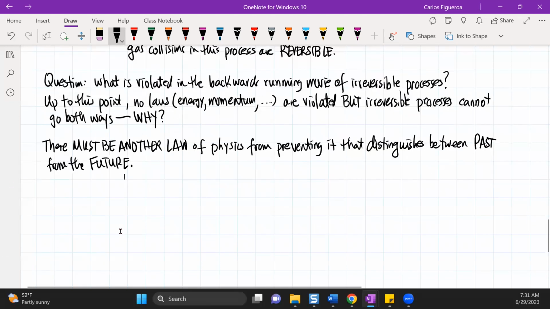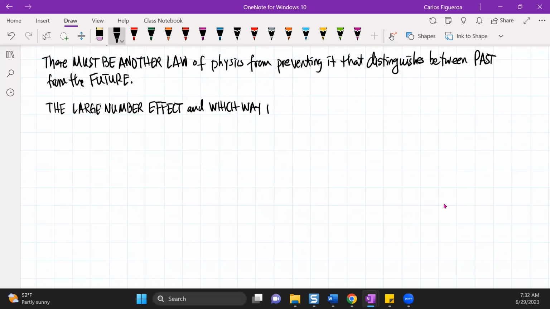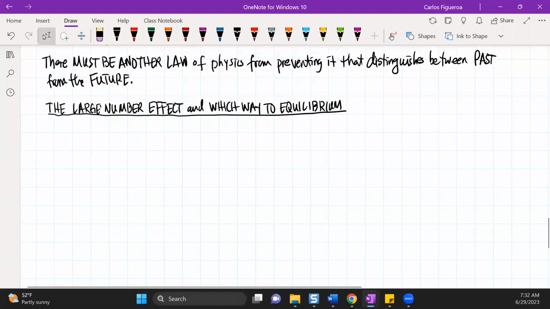So now let's try to answer this. And this here, I'm going to call the large number effect, and which way to equilibrium. So let's go back to the marble.